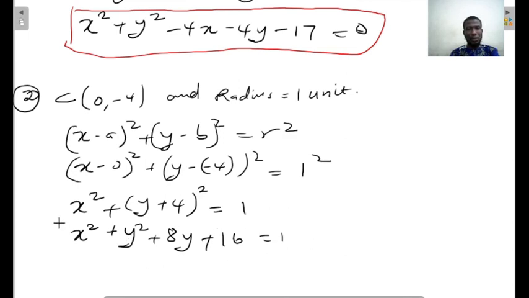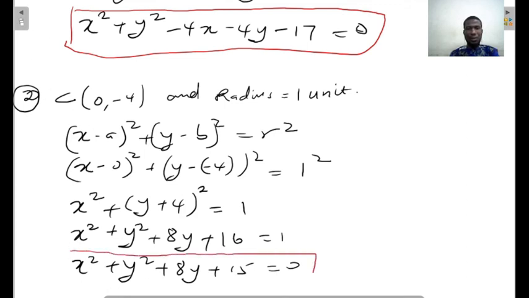And moving 1 to the left hand side, we're going to have x squared plus y squared plus 8y plus 15 equals 0. And this is the equation of the circle we are looking for.